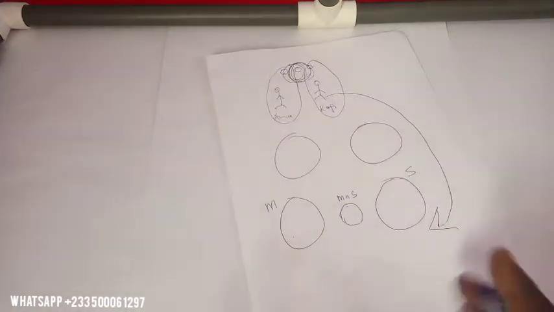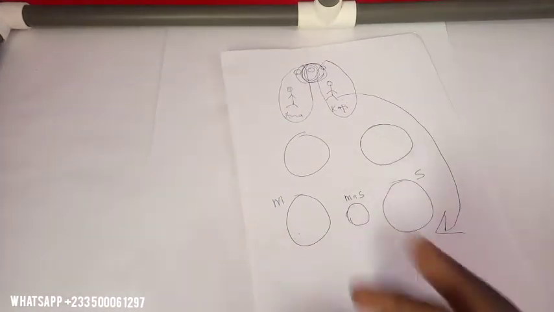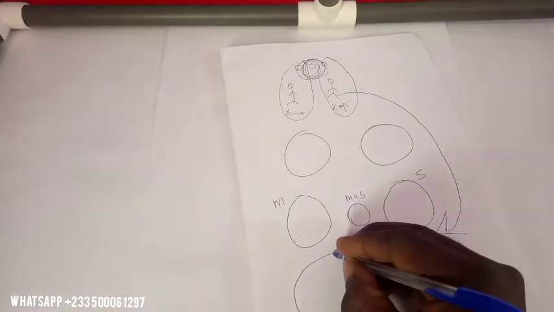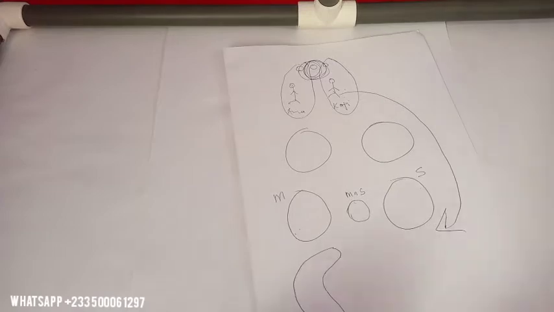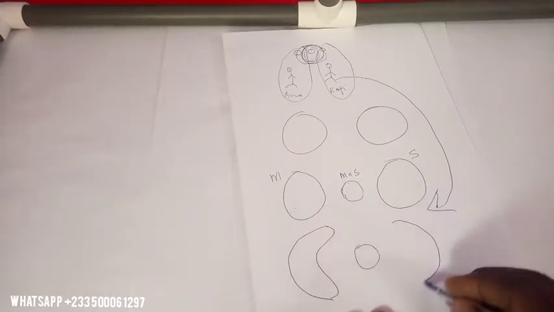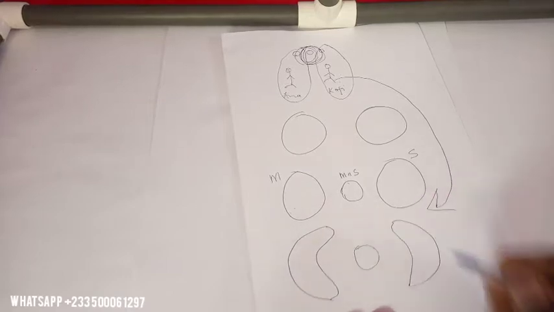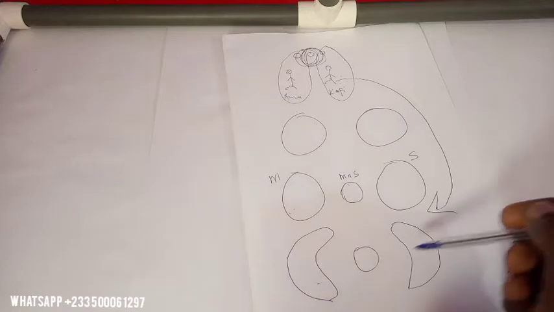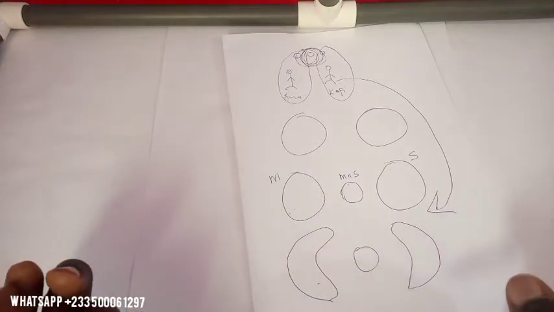Now, this circle here will be reduced in a way that we will see it drawn like this. Then the small circle will come in the middle. Then another one also will come like this. It means that part of this circle belongs to the circle in the middle, and part of this circle also belongs to the circle in the middle.